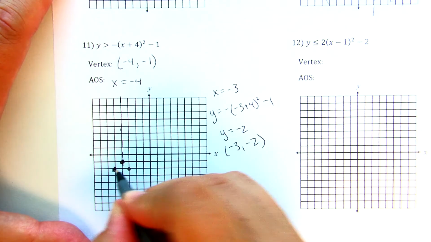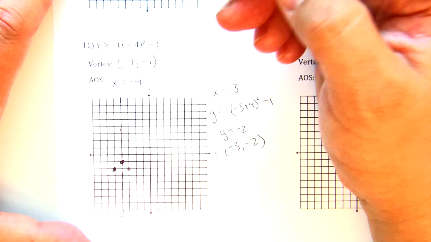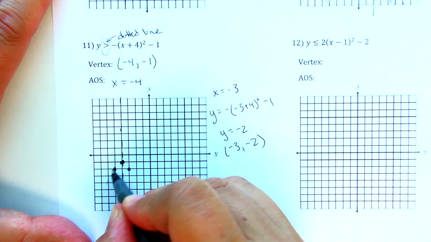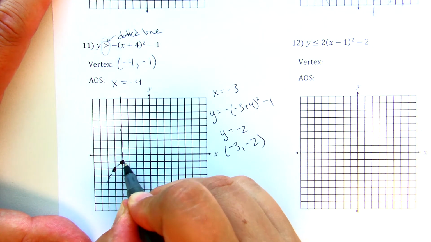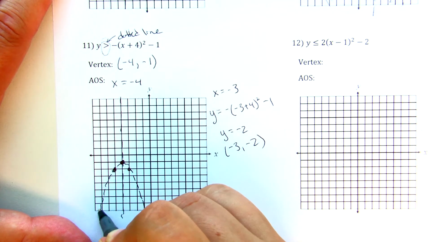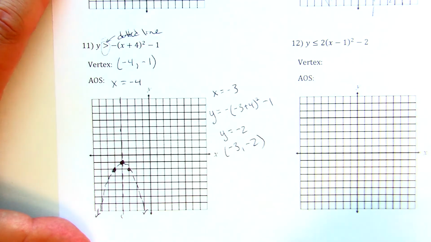Okay. Now, look at my symbol. There's no equal to there, there's just greater than, so this means a dotted line. So I'll draw a dotted line parabola. Like that.